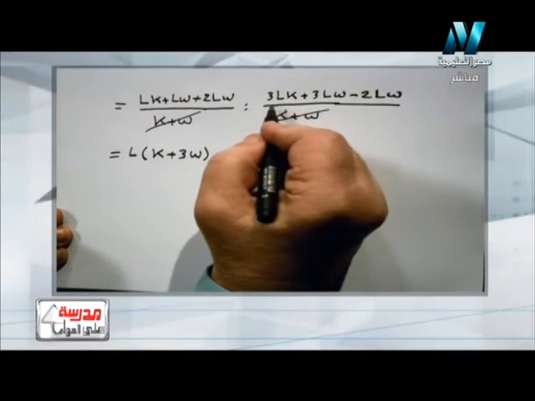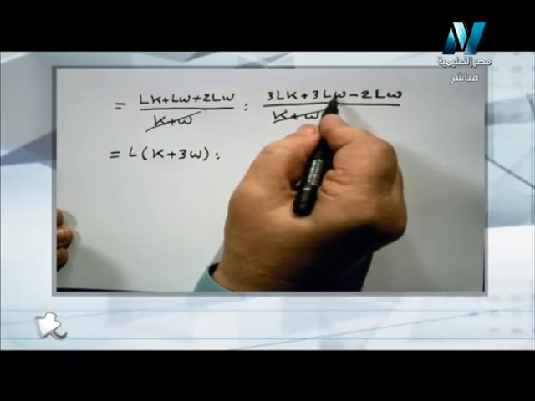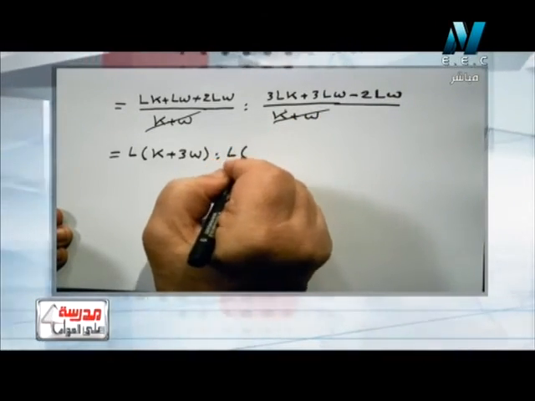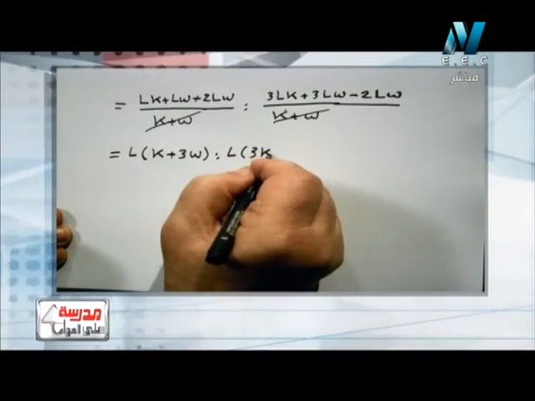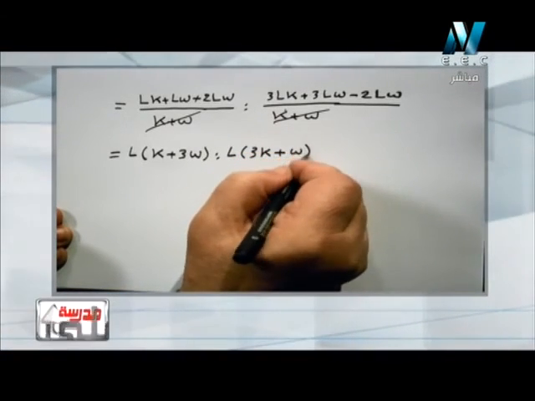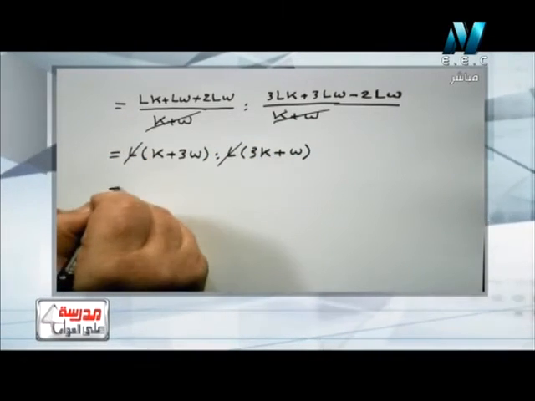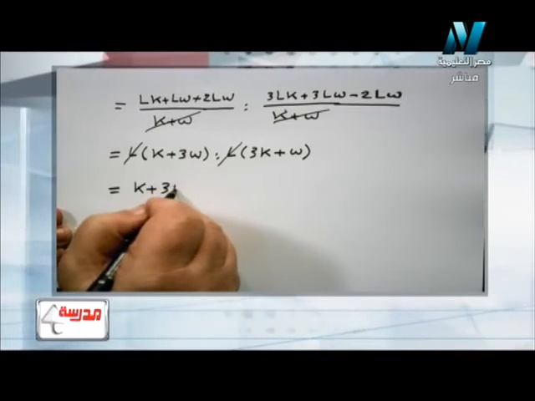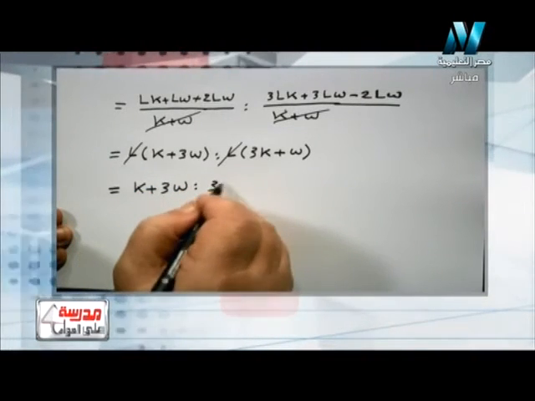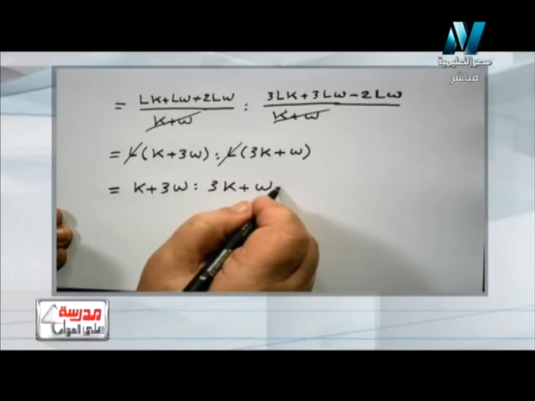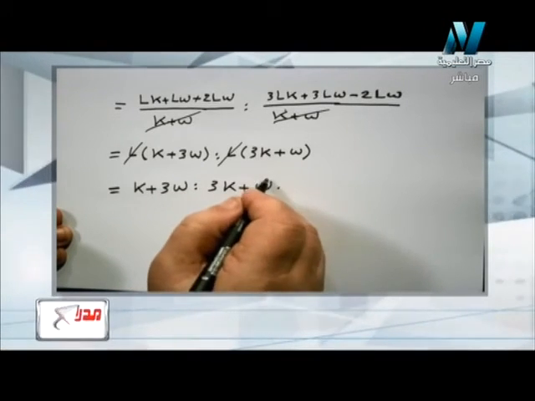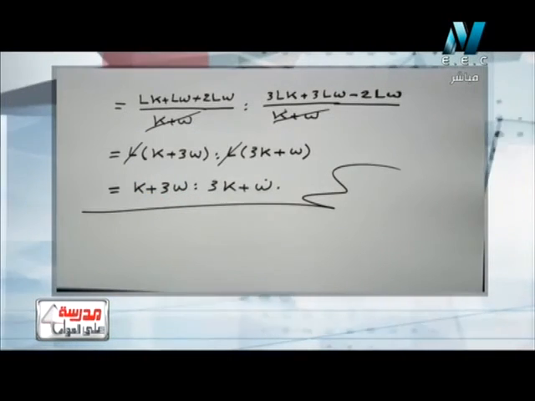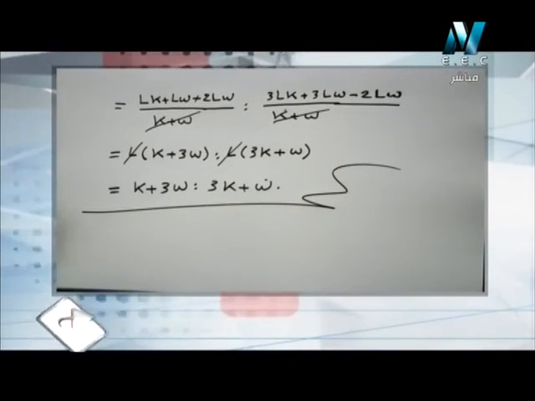Here 3LK and here 3LW minus 2LW is LW. I take L common factor, so 3K plus W. Cancel L with L, so in the end it will be K plus 3W to 3K plus W. This is the requirement. Did you notice, kids?